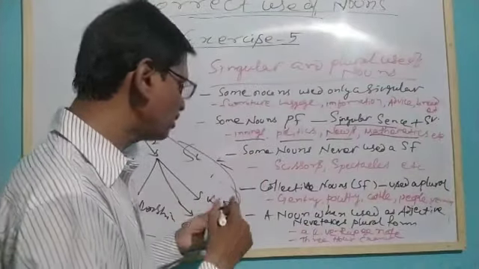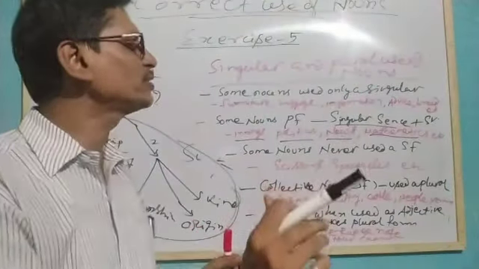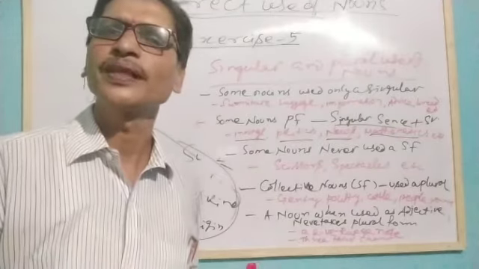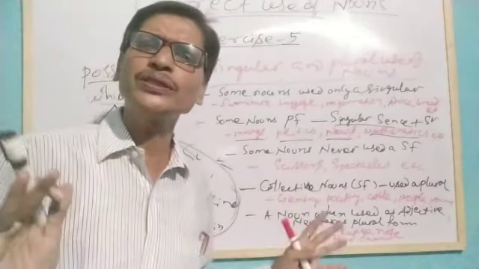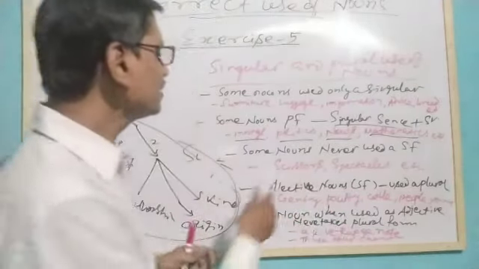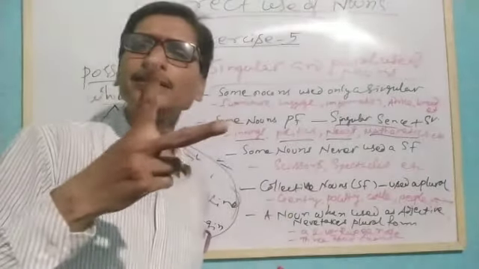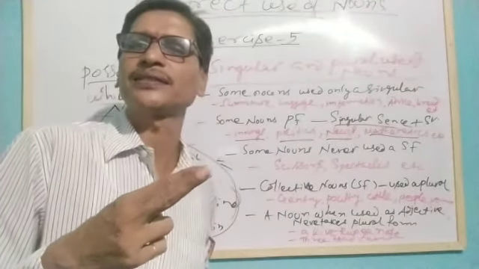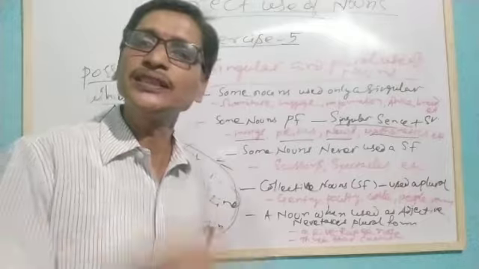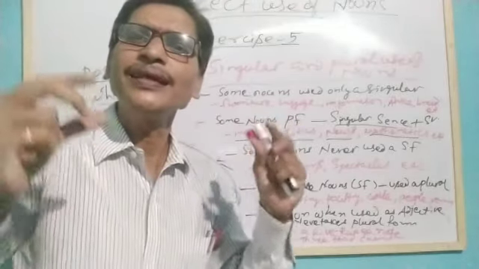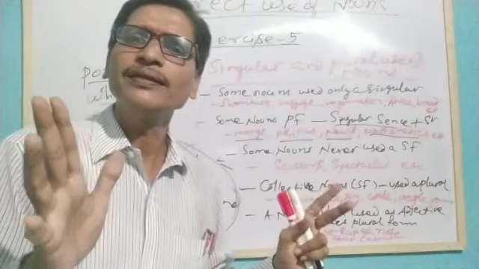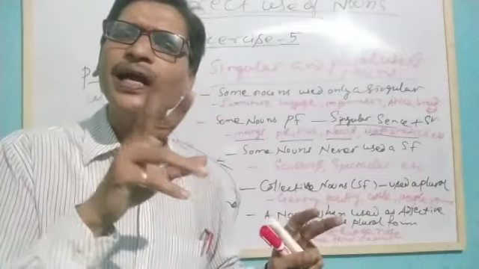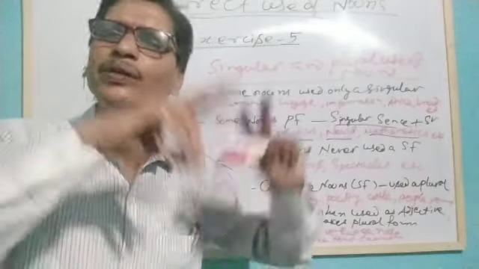Similarly, we understood some nouns are never used as a singular form. There are some nouns we can never use as singulars. What are they? Scissors, that has two identical parts. Trousers, scissors, spectacles, they can never be used as singular. They often have two similar parts in one unit.